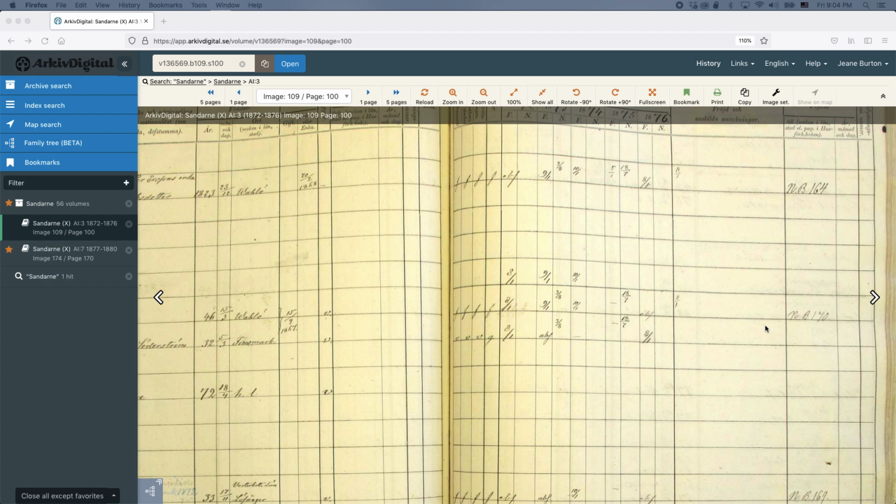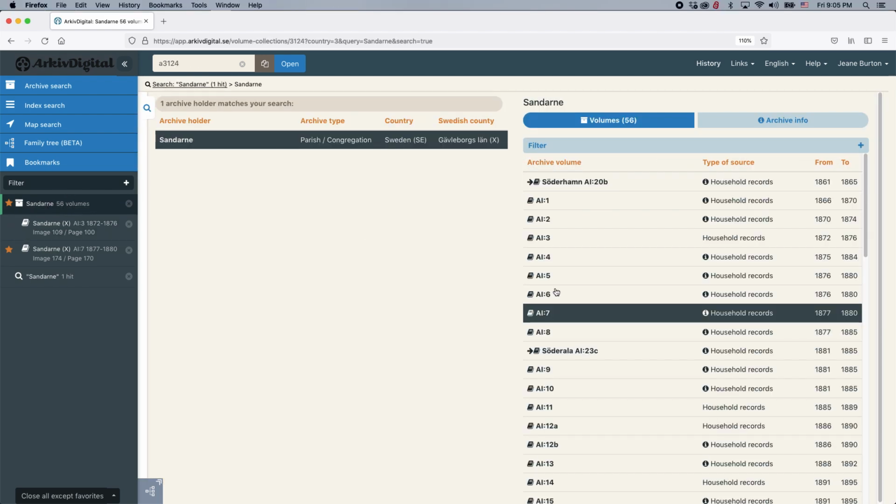If you'll remember, it says that the family will be found in the next book on page 170. So going back here, the next book would be 1877 to 1880, and it would be in A7.